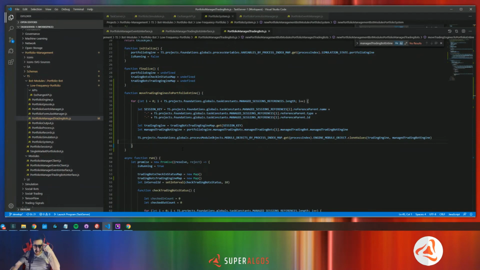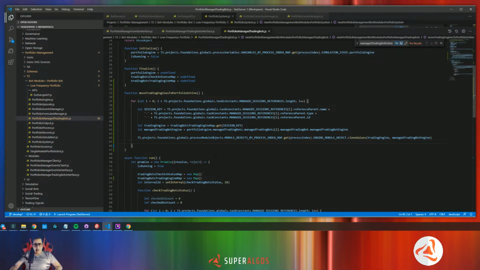No, I was thinking about the cloning, and if they have, okay, no, forget about this. Okay, so I think this is going to work. It's pretty much clean and straightforward. Based on all the sessions references we have, we're going to move the values that we receive into there in a similar way that we move it from the current to the last in the trading bot stuff. So my guess is that this part is good.